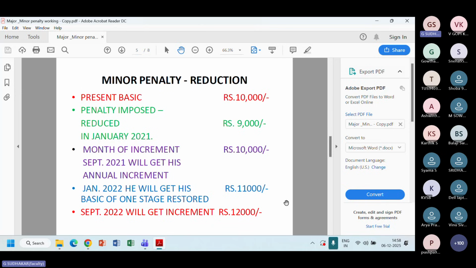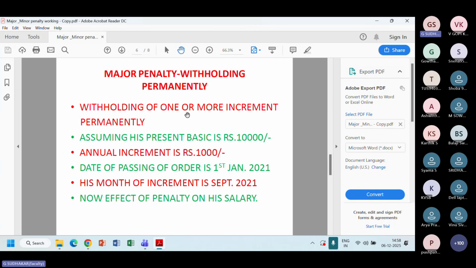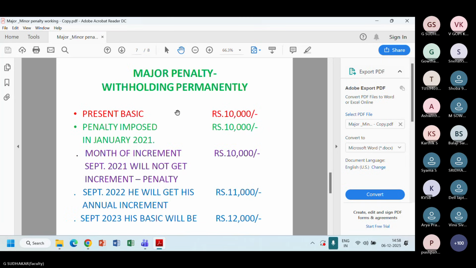This is minor penalty, temporarily. This is major penalty, permanently, that is withholding of increment permanently. In this case, the same example, but see the effect here. Present basic 10,000, penalty imposed, 10,000. Month of increment September 21, he will not get the increment.